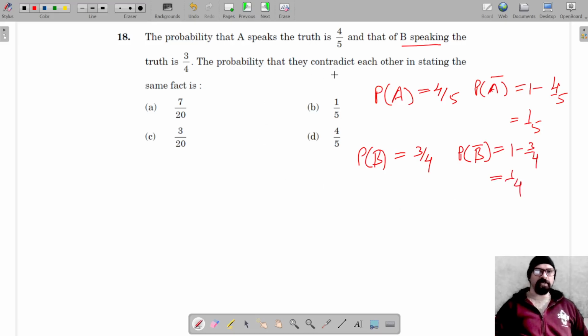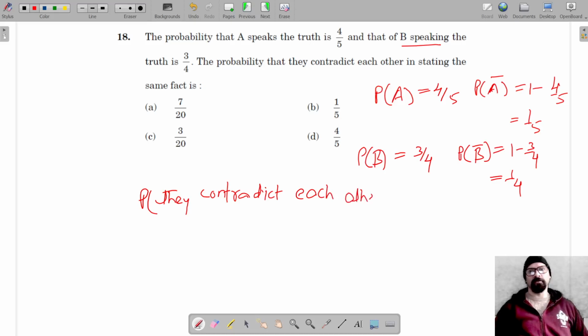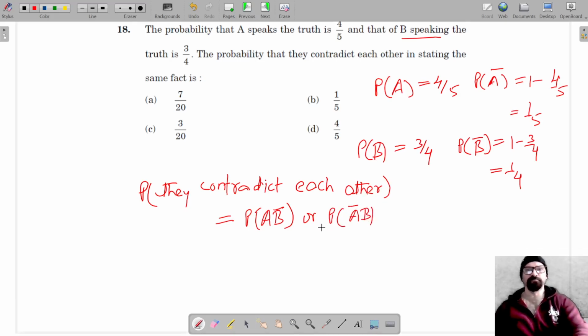Now we have to find the probability that they contradict each other. So the probability that they contradict each other is when A speaks the truth and B contradicts that it's not the truth, or when A lies and B contradicts by saying the truth.